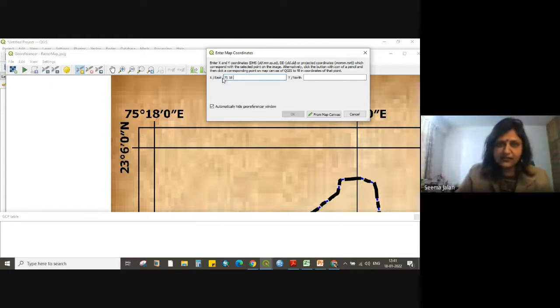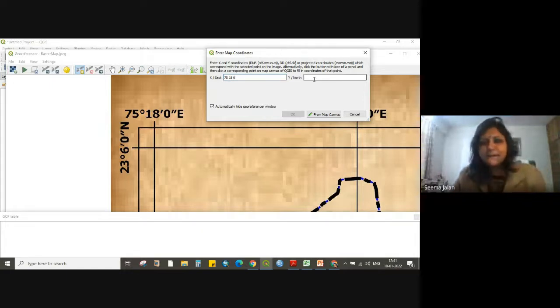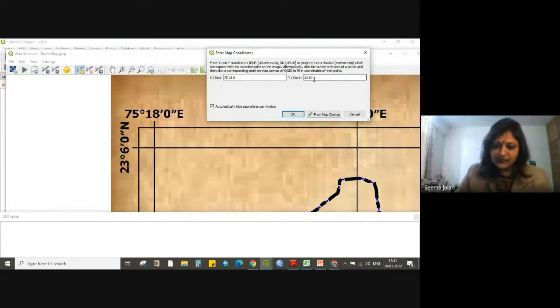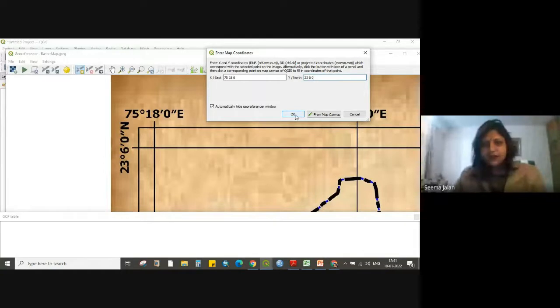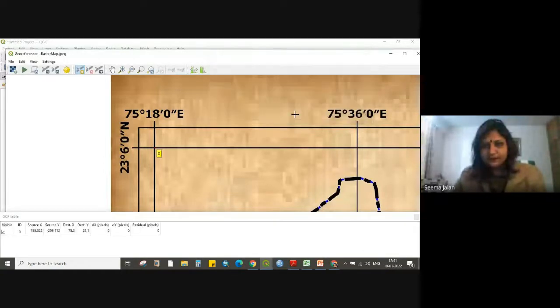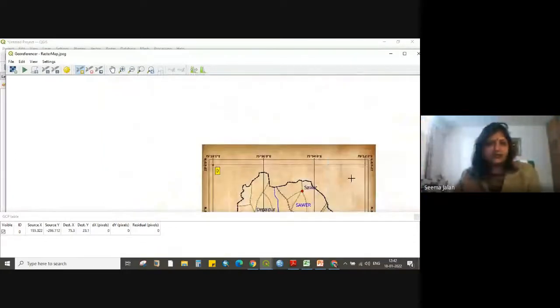Degree space, minutes space, and seconds. Here I put the latitude 23 space 6 space 3. See, you have the image coordinates here and the map coordinates which you entered are converted into decimal degrees. It automatically does that.